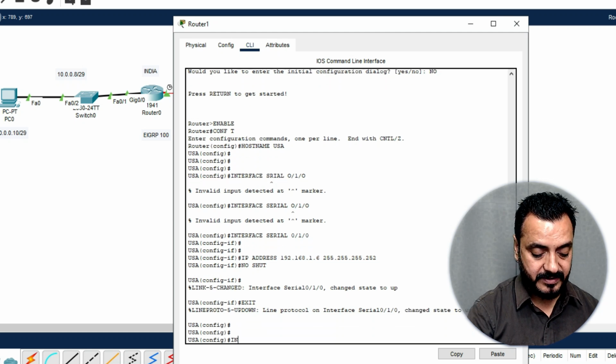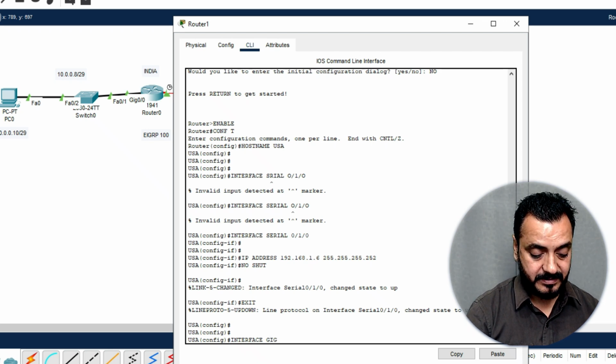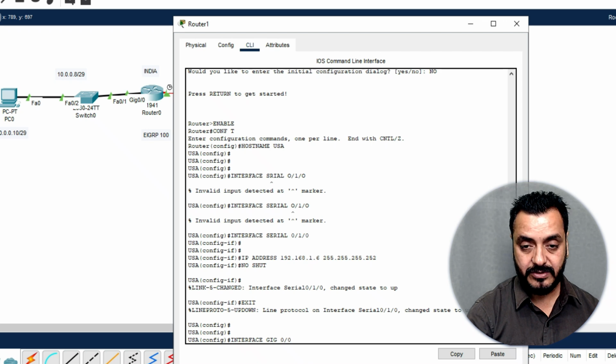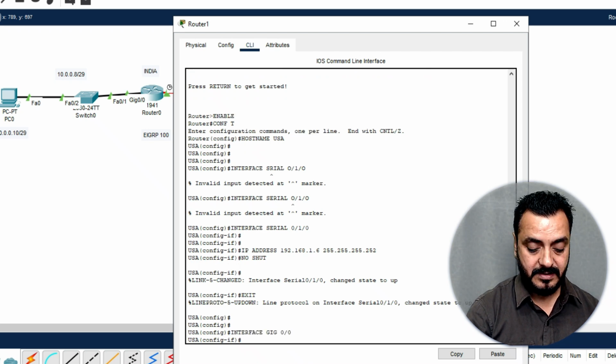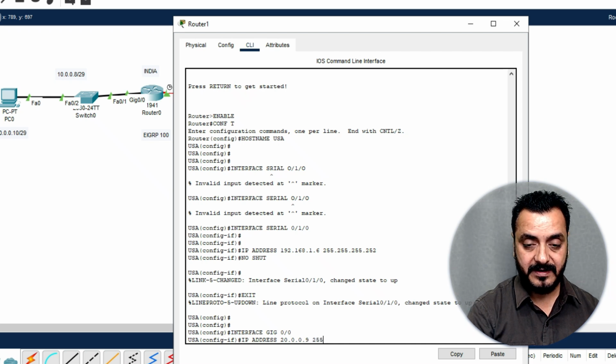Now we are going to configure the LAN interface of this router, that is interface gigabit Ethernet 0/0. Its IP address is 20.0.0.9, and its subnet mask is 255.255.255.248, /29.